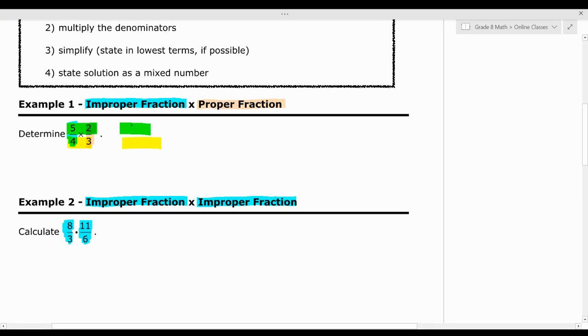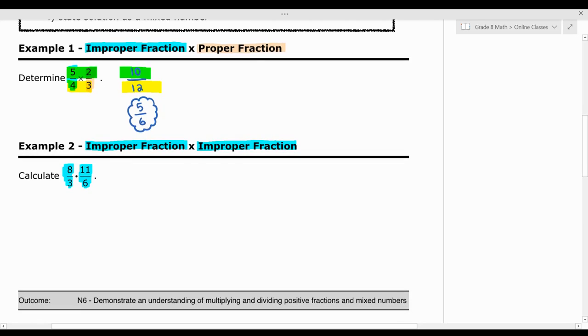So 5 times 2, I will get 10. 4 times 3, I will get 12. Then we check, could we simplify it? The answer is yes. I can divide top and bottom by 2, and my final answer is 5/6. Very similar to lesson number 1, the only difference is we had an improper.